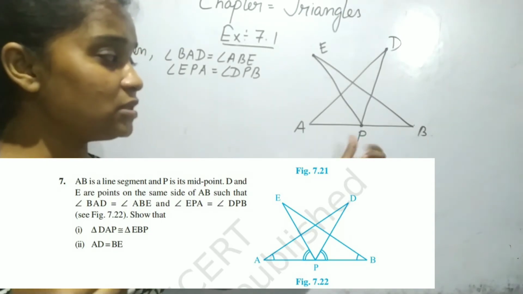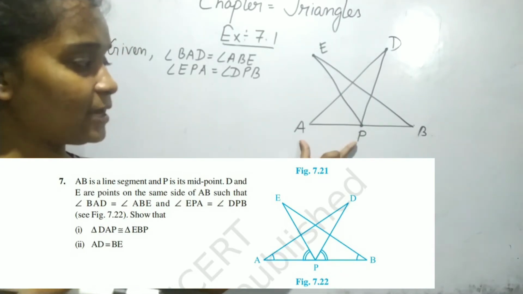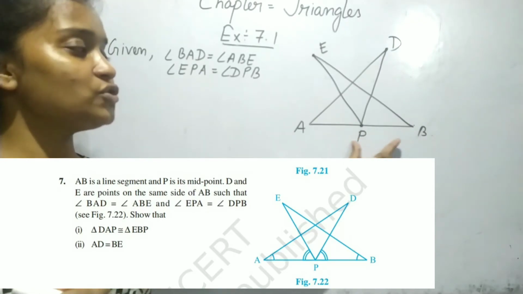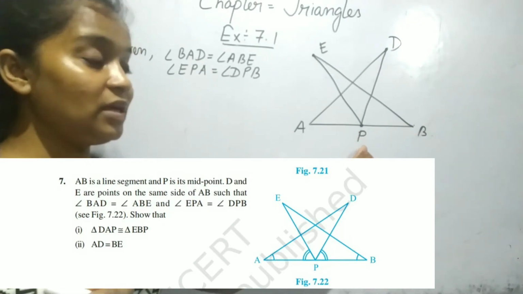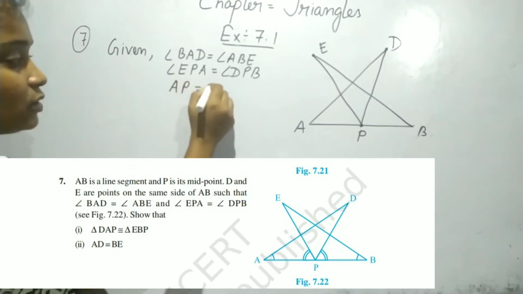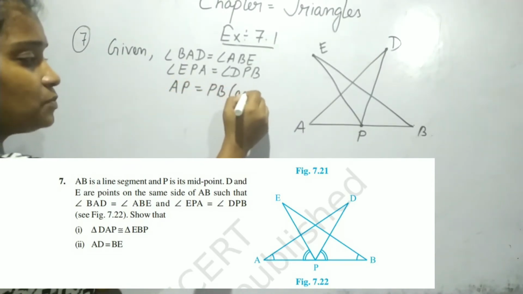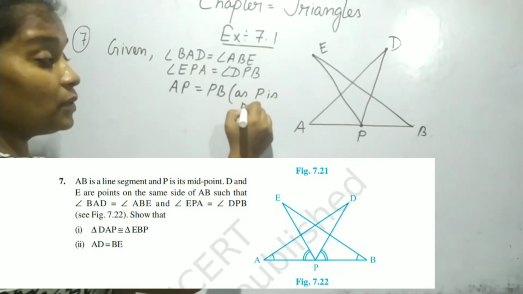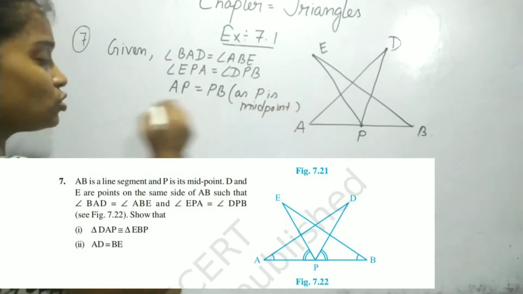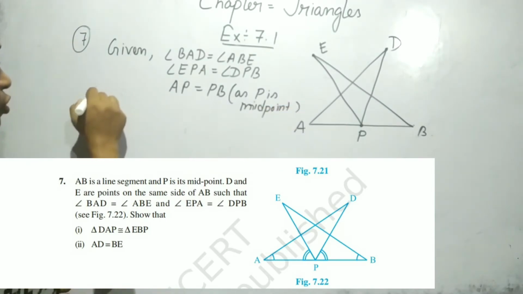Midpoint means it is in the middle of AB, which means AP is equal to PB. If AB is 8 cm, then this part is 4 cm and this part is 4 cm. That's why P is the midpoint. So I can write the given condition AP equals PB, as P is the midpoint.